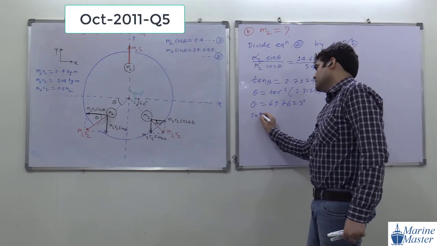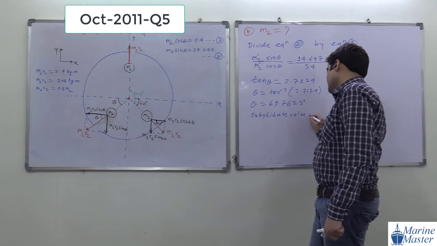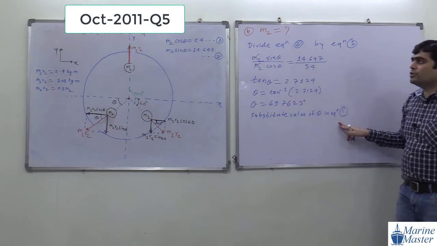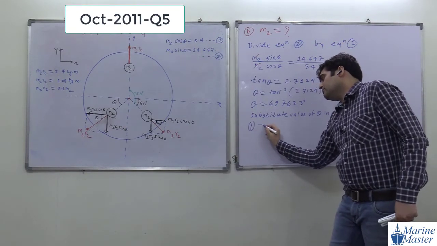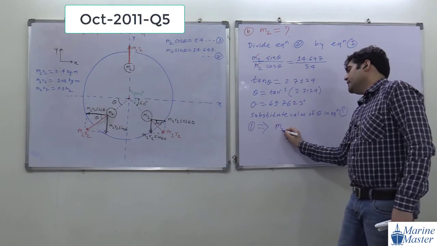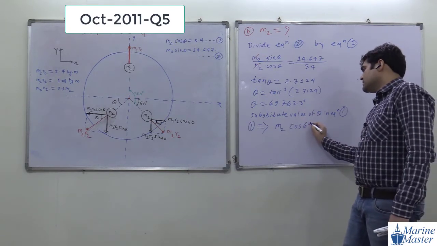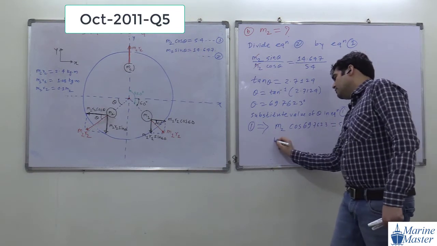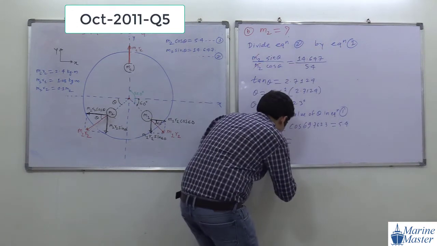So we got theta, and we are going to substitute the value of theta again in equation 1. So what will equation 1 become? M2 cos of theta, with theta being 69.7623, equals 5.4. If you do the calculation here, we will get the value of mass 2.